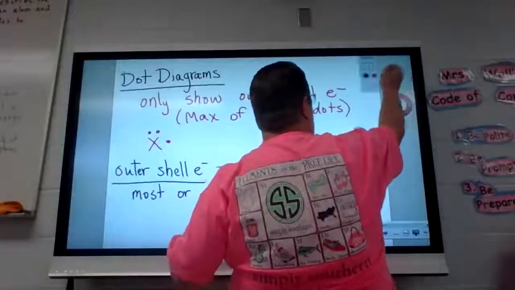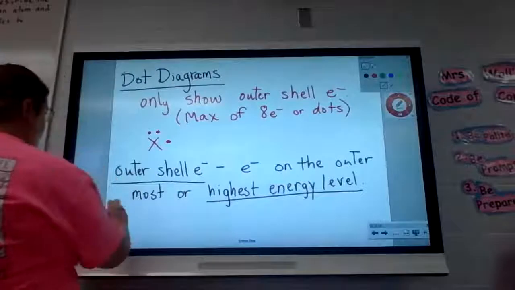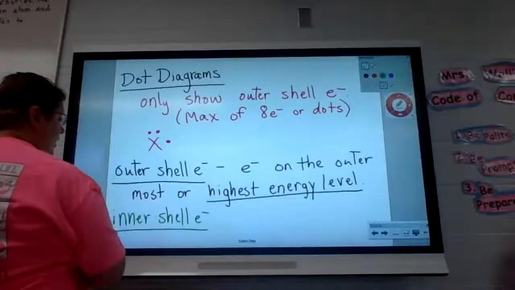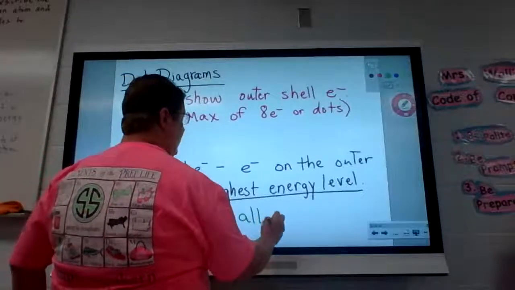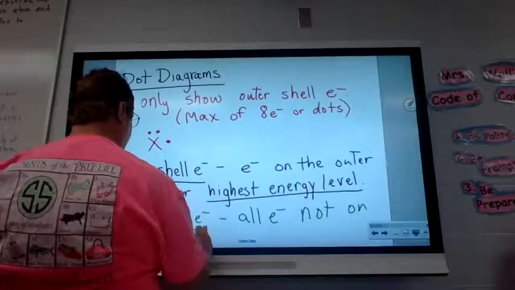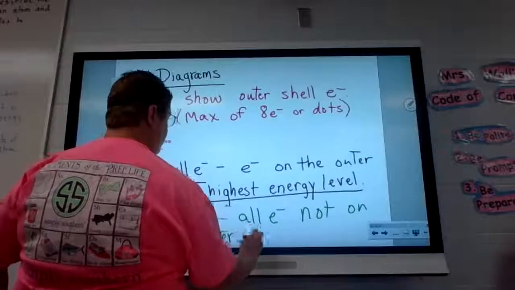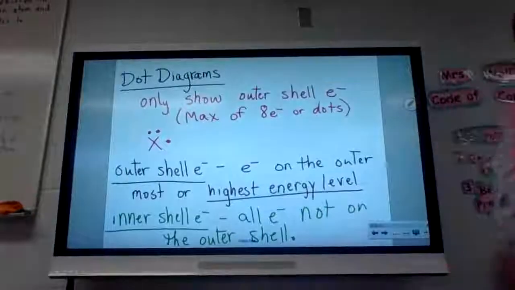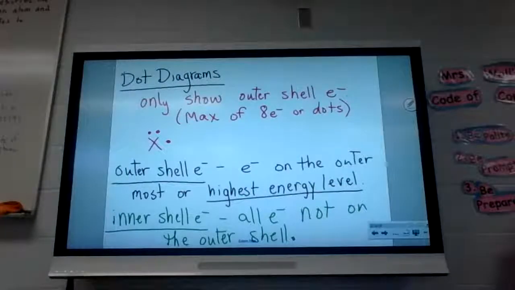Now, the inner shell: inner shell electrons are all electrons not on the outer shell. So the inner shell may have multiple rings. If there are 4 rings, how many of them are outer shell? 1. How many are inner shell? 3 of them are inner shell rings, and you add all those together.